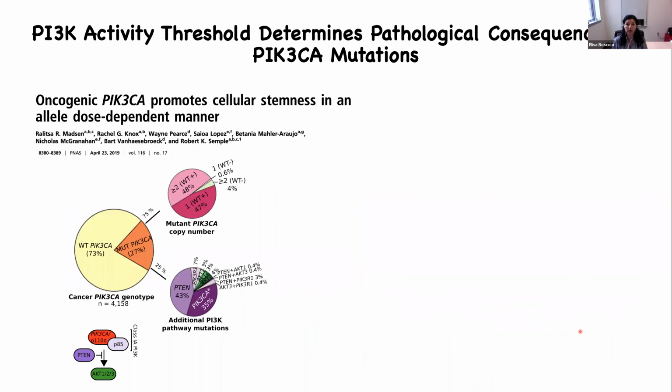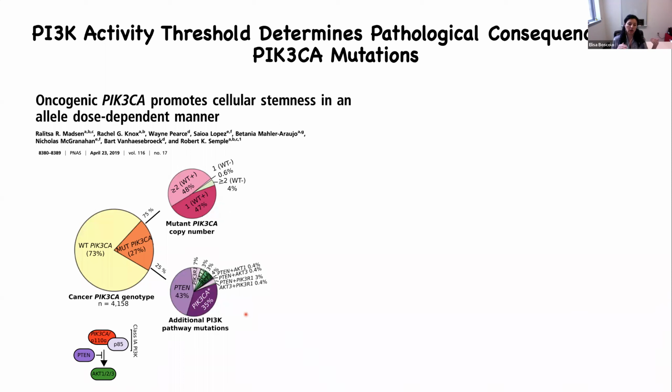But I wanted to bring up a nice paper or article published by Robert Semple and Ralitza Madsen, where they've specifically tried to answer this question. And what they are showing here is that in cancer, the PIK3CA mutation happens in a form that is almost like a biallelic or homozygous mutation.